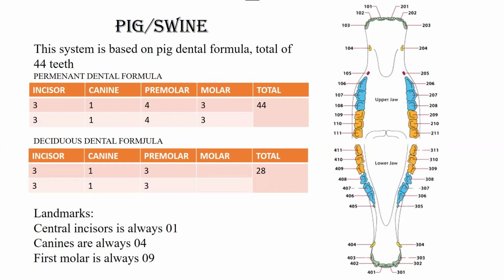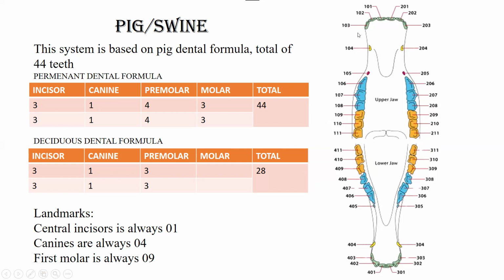You should have a straightforward focus to understand how each tooth is given a specific number. First thing, just look at this picture. You can see all the teeth have been given a 3-digit number.